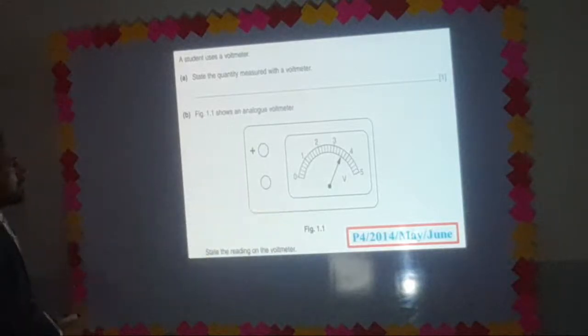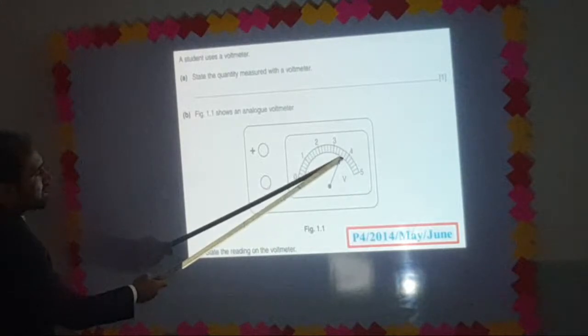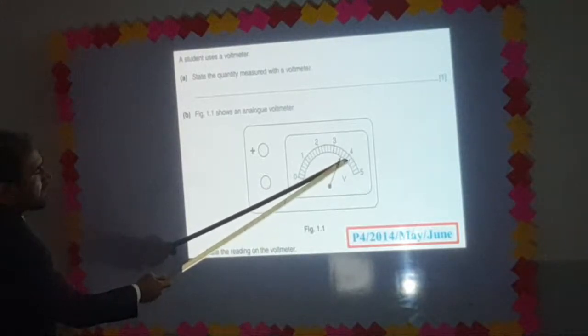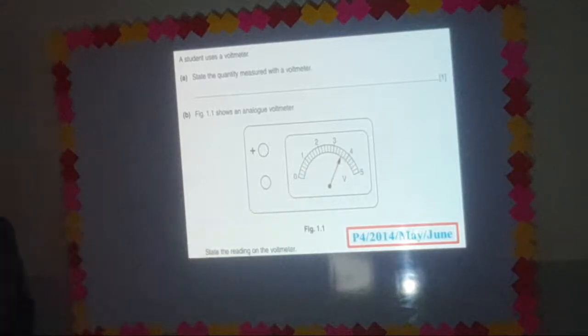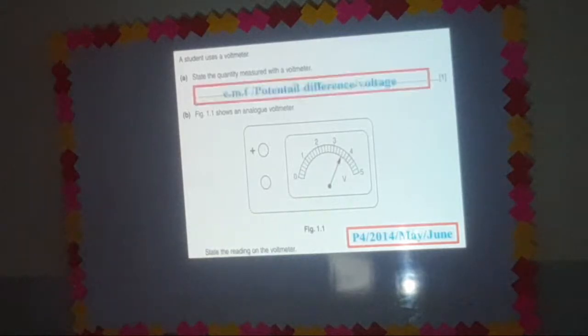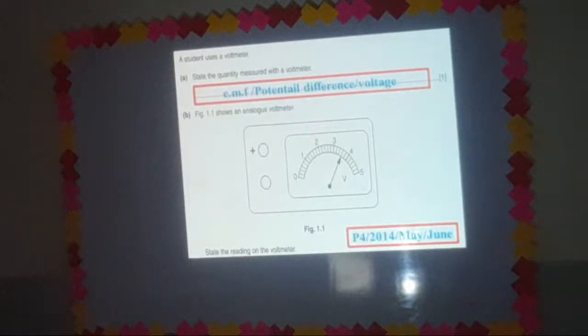And what is the value here? 3, 3.2, 3.4, 3.6, 3.8 and 4. This is 3.6. We can measure EMF, potential difference and voltage with the help of a voltmeter, and the answer is 3.6 volt.